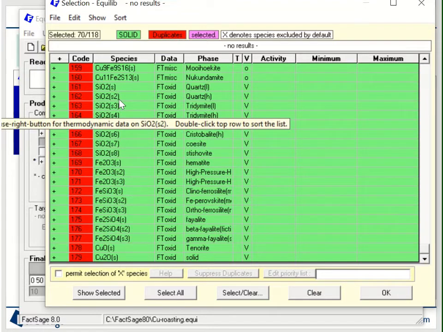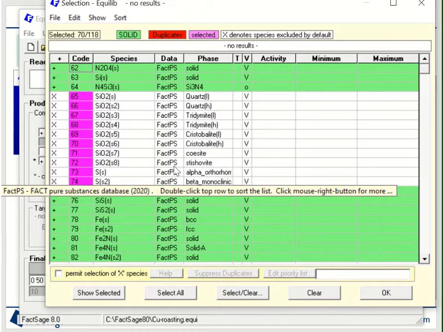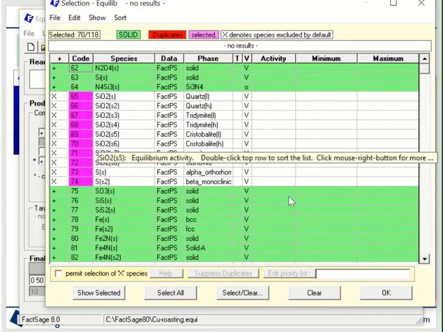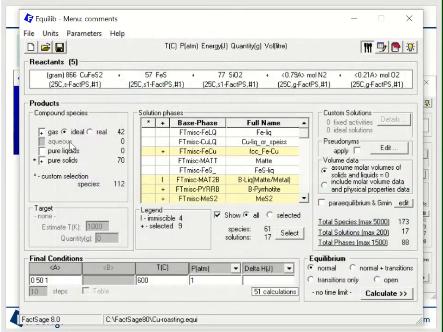So we select SiO2 from the FT oxide database instead of FactPS. In this way, we can remove the duplicate. If you have duplicates, there might be some strange phase transitions which are not real. That's why we preset the priority of the databases for you, so you don't have to worry about it. You can just simply click, and it will do all the phase selection automatically. Say okay, so that's what it is.